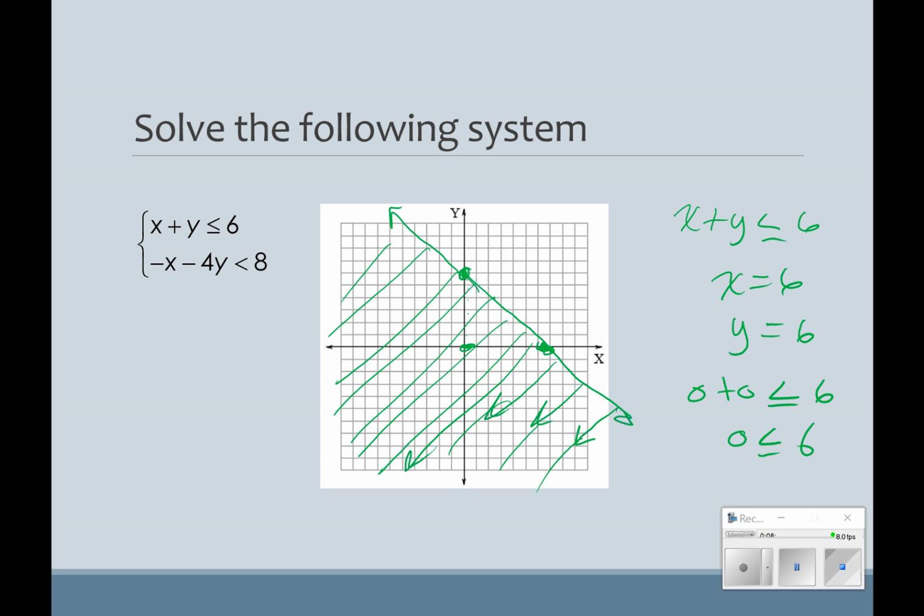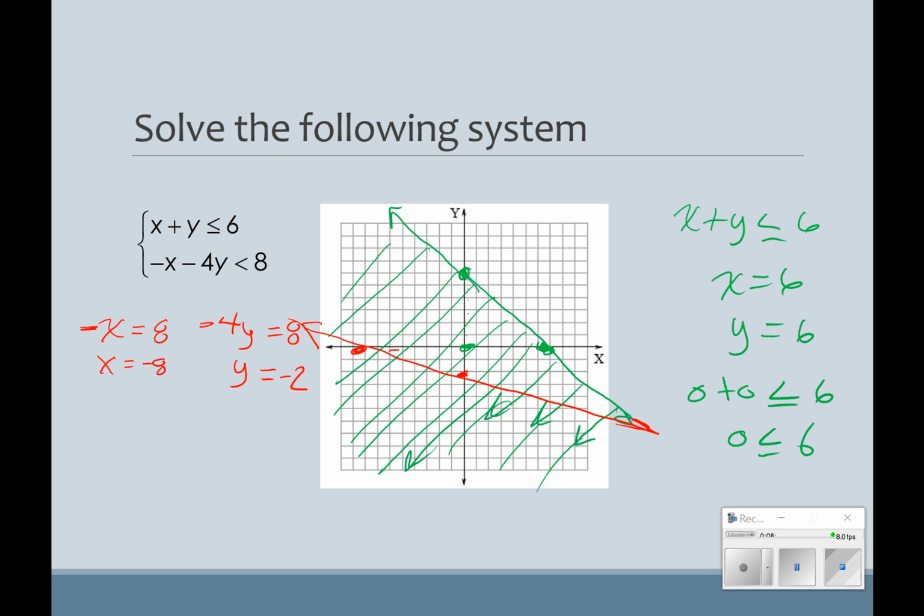Okay, let's do the other one. Negative x equals 8, so x equals negative 8, and then negative 4y equals 8, and y equals negative 2. So my y-intercept is negative 2, my x-intercept is negative 8.